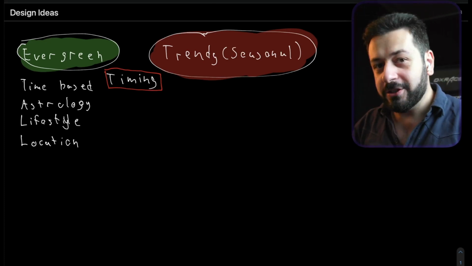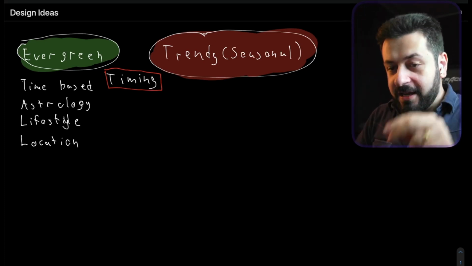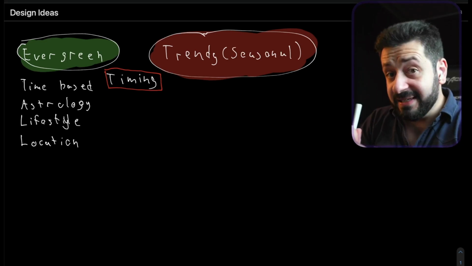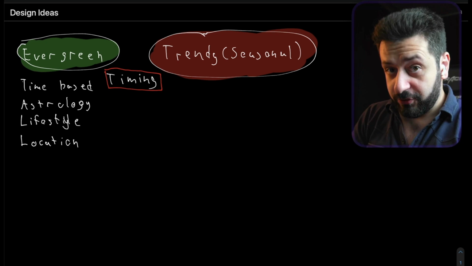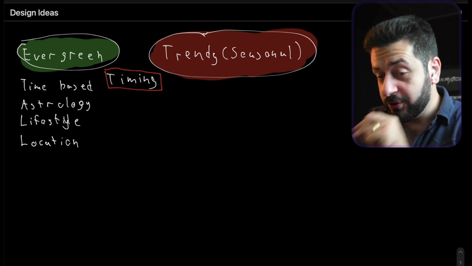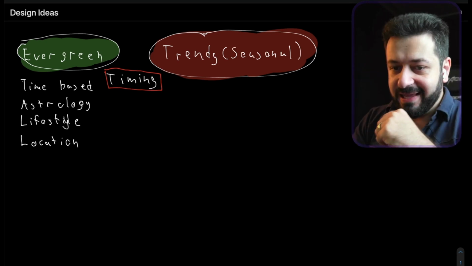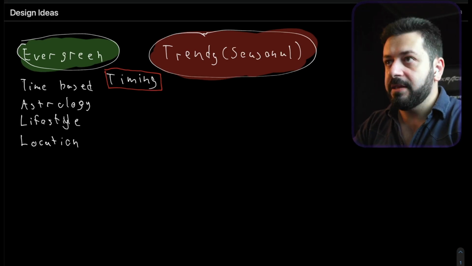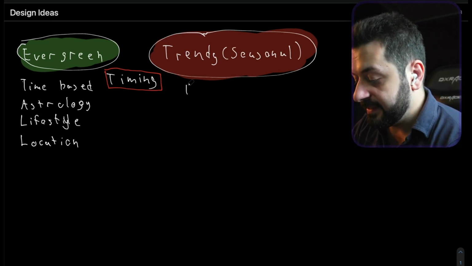But this is also the most difficult to sell, because you have a very short amount of time, because trends in this day and age go away very quickly. So you need to be very fast as well. And to give you ideas about trends, it can be political events.